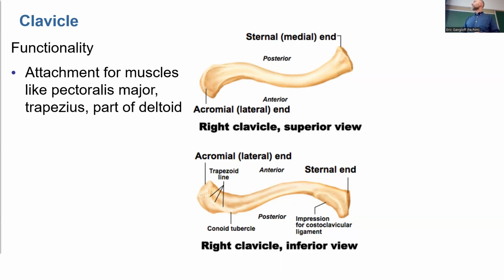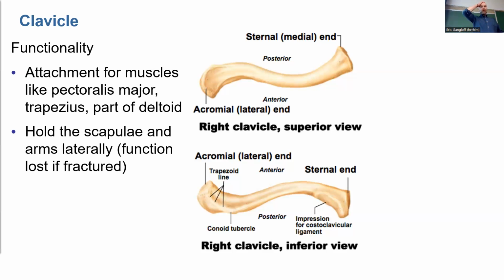So your pectoralis major, which is your pecs, in the anterior of your chest, your trapezius, which is a large muscle on your back. So it serves as attachment point for muscles both in your front and your back, as well as part of the deltoid. The deltoid is the big muscle that goes over your shoulder. It's where you get shots usually because it's a big kind of meaty muscle.